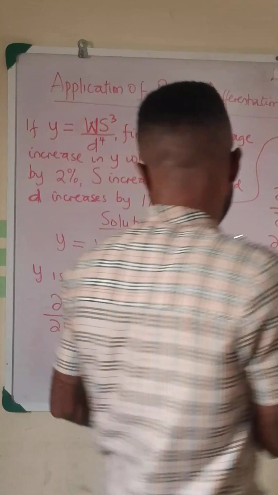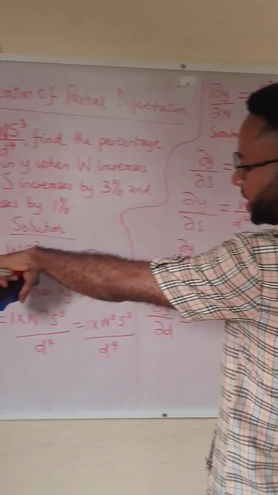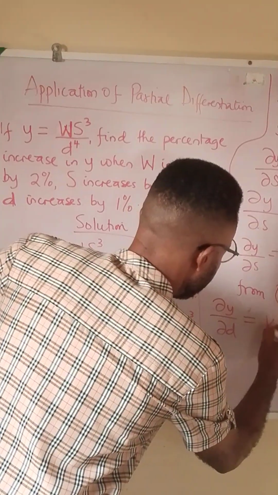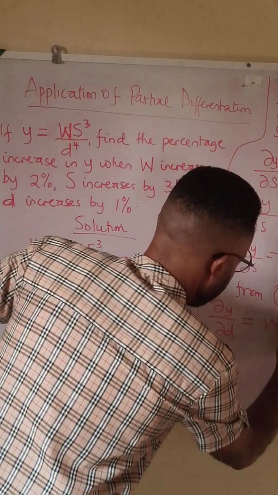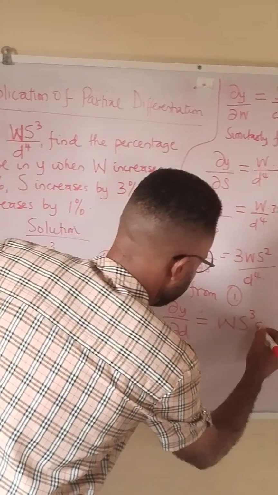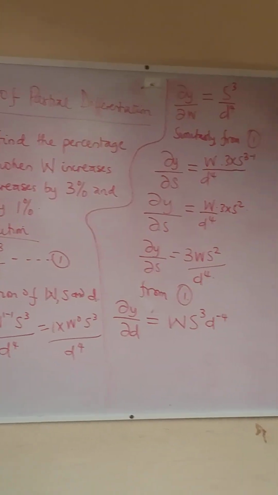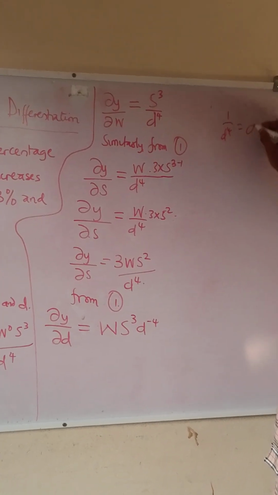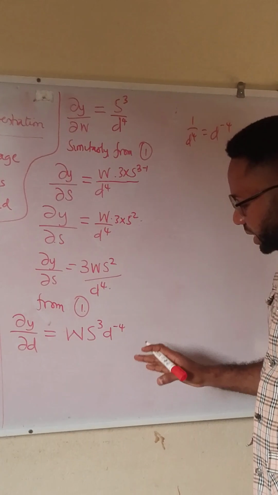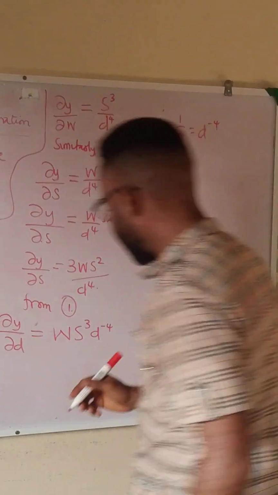So what it implies is that for differentiating y with respect to d, we are going to rewrite our equation as w s cubed d raised to power minus 4, because we know that 1 over d raised to power 4 is the same thing as d raised to power minus 4. The essence of doing this is to make it possible for us to differentiate this without issues.